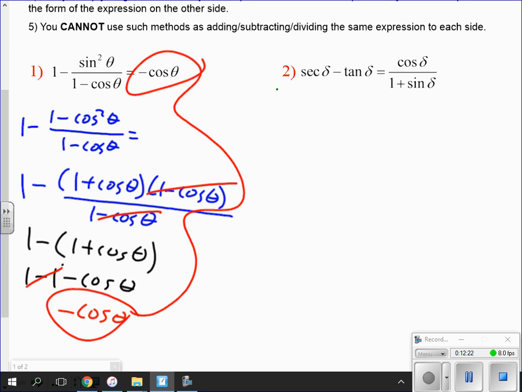So the secant is 1 over the cosine of delta, I don't really care. And then the tangent is sine over cosine. Well, that's not too bad, right?